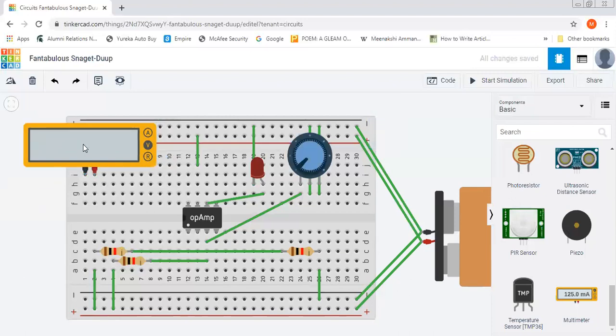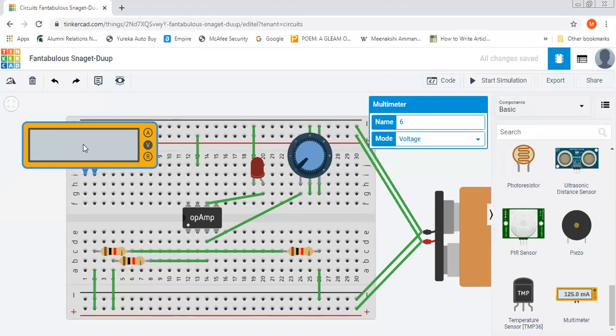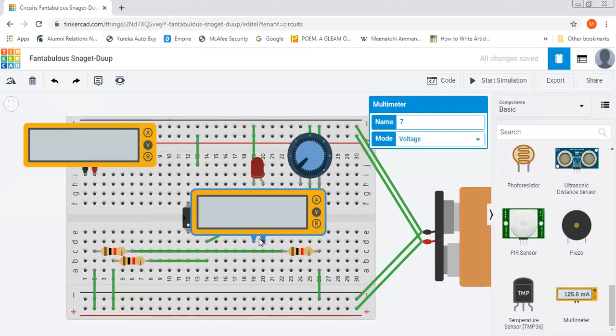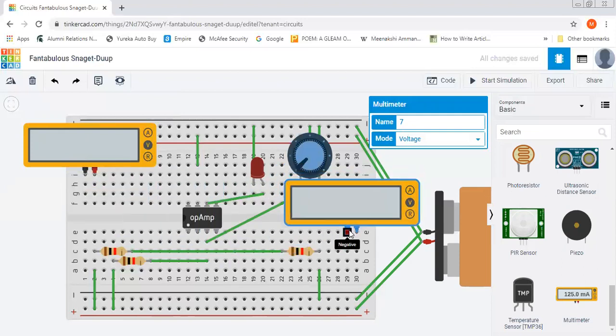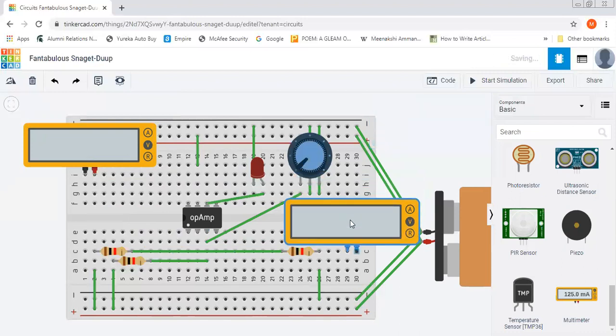One voltmeter we will place here and another somewhere else. Let us say we place it here or here, right?